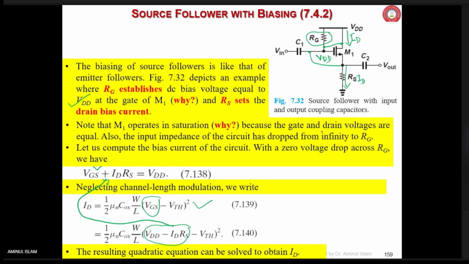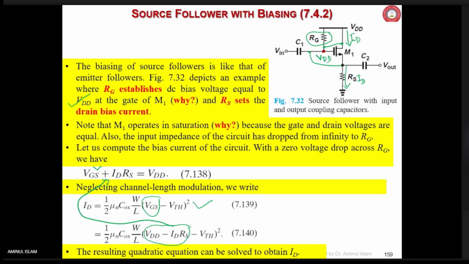Now, biasing of the source follower is like that of emitter followers of BJT. Here RG establishes the DC bias, and since there is no gate current, the voltage available at the gate is VDD. Do you agree with this or not? The voltage at the gate of M1 is VDD.